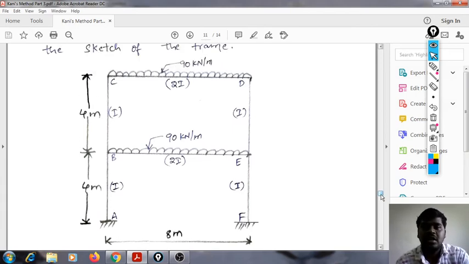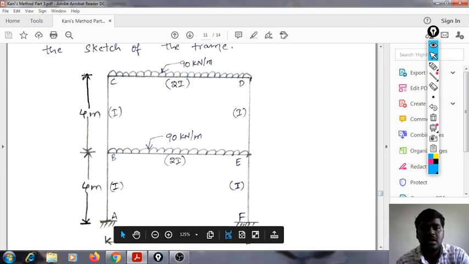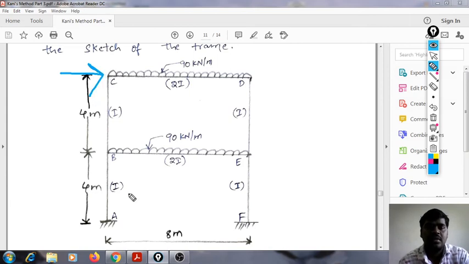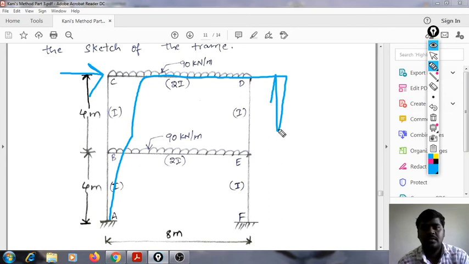If it is subjected to any type of horizontal load here, that is related to sway. That means if there is any load acting here like this, the frame will move like this, and the shape of the frame will become like this.